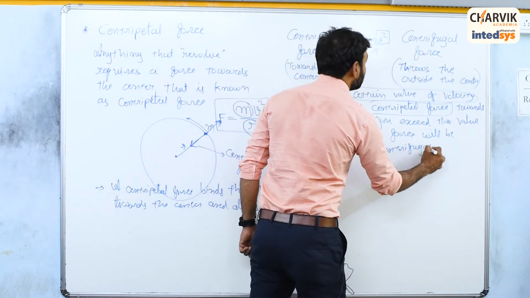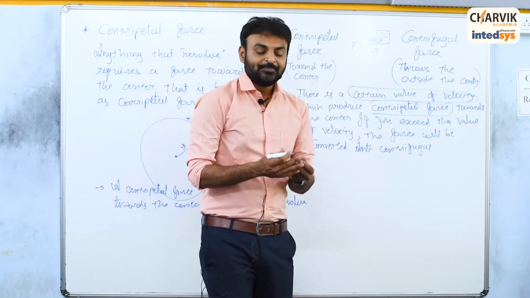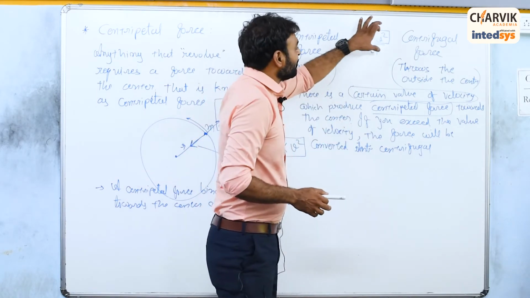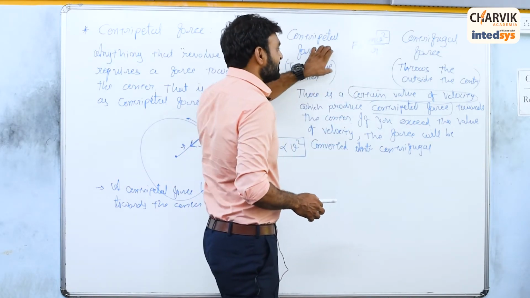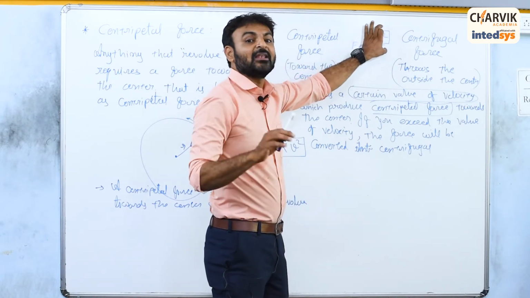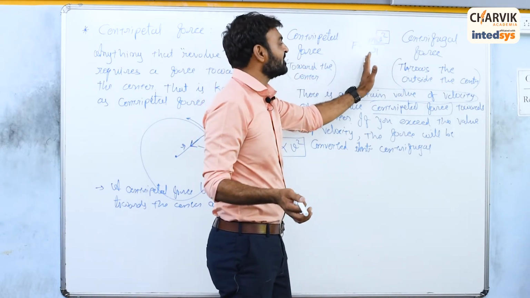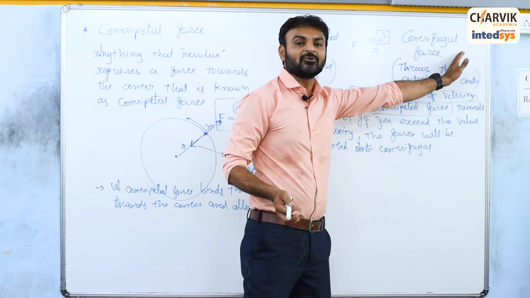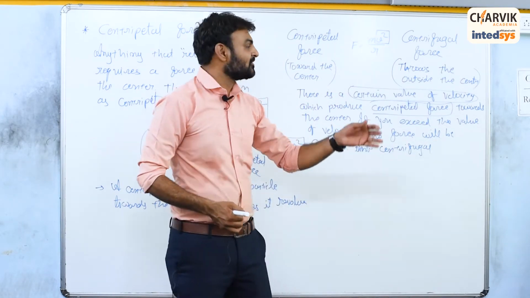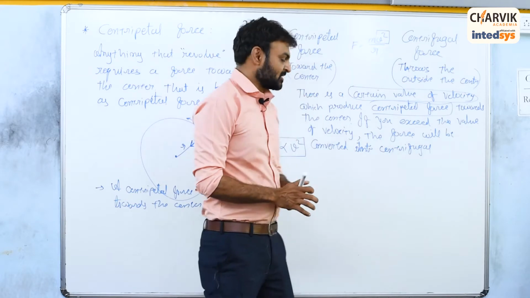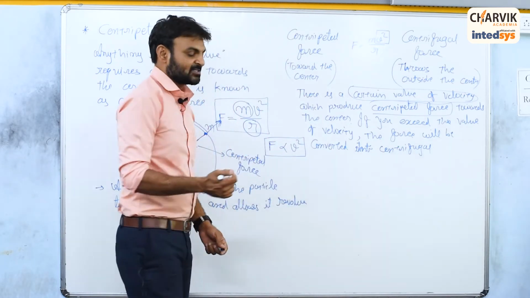It means that up to the certain value, your force will be centripetal. If you exceed the value of velocity, then it will be converted into centrifugal force, and with that velocity you will be thrown out. Let's take a certain example that is very easy to understand.